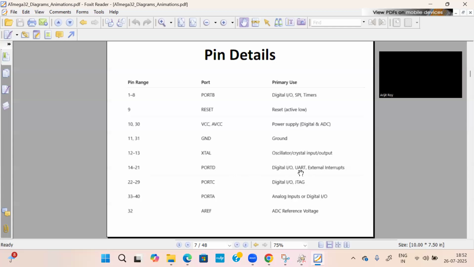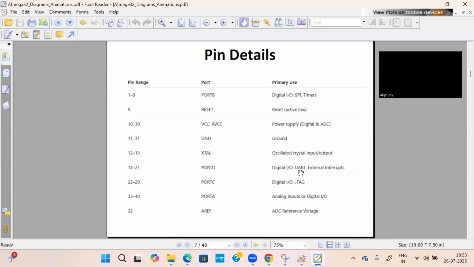Next is UART. UART means Universal Asynchronous Receiver Transmitter, receiver and transmitter. If I want to receive any signal or transmit any signal, there are some algorithms, some rules, maintained by almost all types of protocols and all devices.